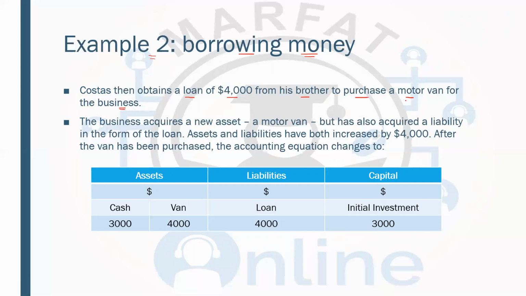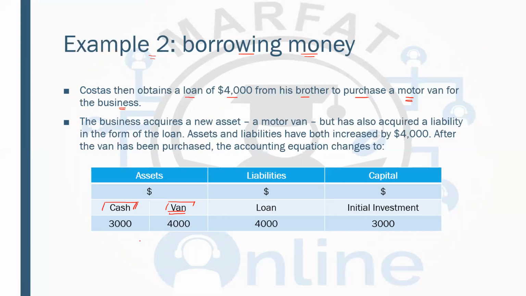Now a motor van is actually an asset, and you will represent that van under the heading of the assets. So you see van, already they were having a cash of 3,000, but as you know, that 3,000 was insufficient to buy a van. So what Costas did, they actually took a 4,000 loan from where? From brother. And brother is not a partner in the business. So that means you have to return him $4,000.